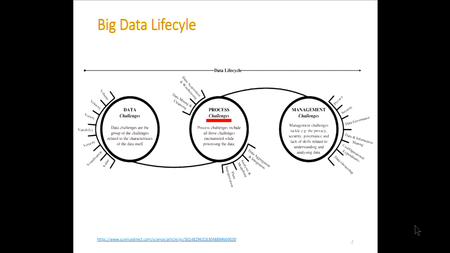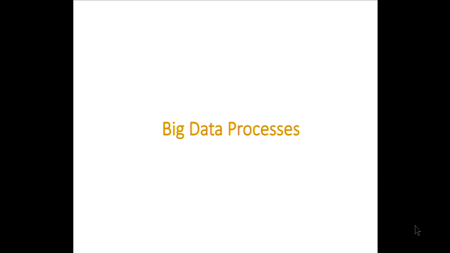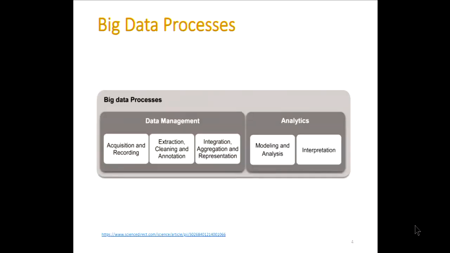So let's start with the process side. What are the process challenges? In terms of the big data processes, there are two sides to this. The data management side. There are processes that relate to data management: how you acquire that data, how you ingest it, how you record it and store it.